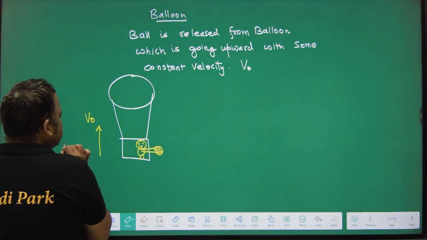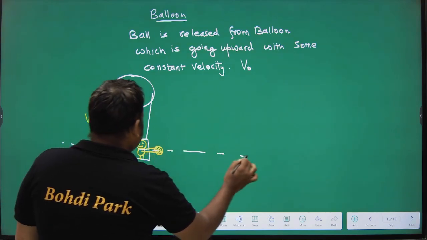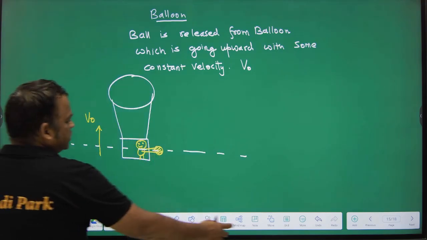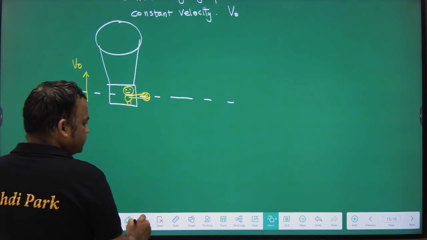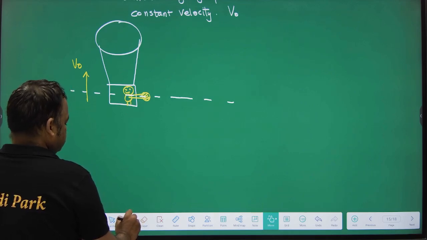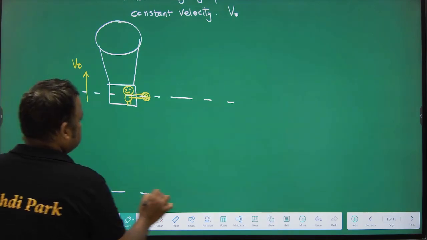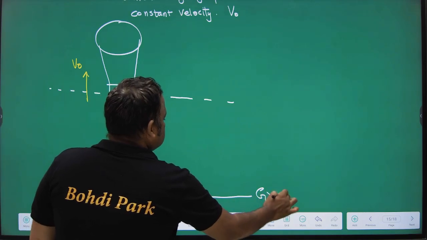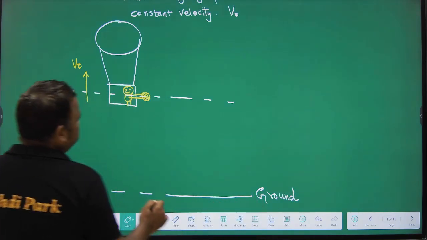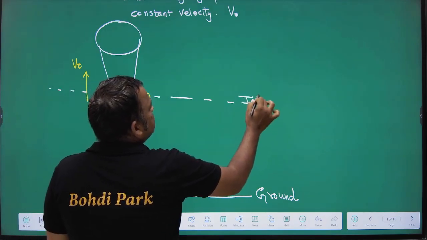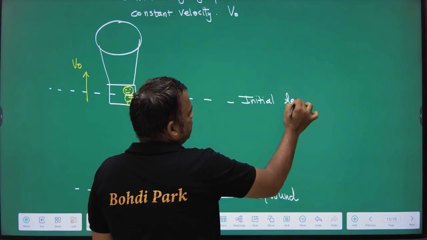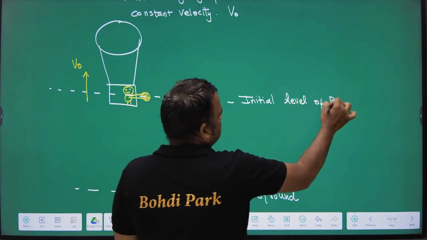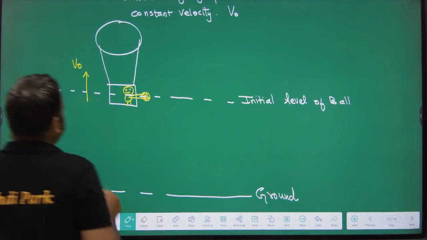Now at an instant, the height of the balloon above the ground is h. So this is the ground level and this is the initial level of the ball.